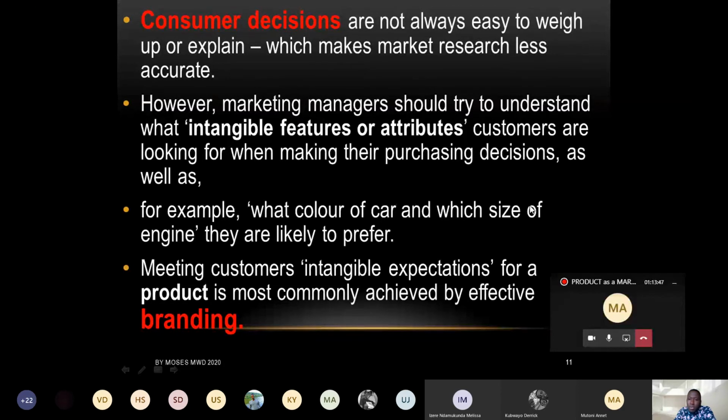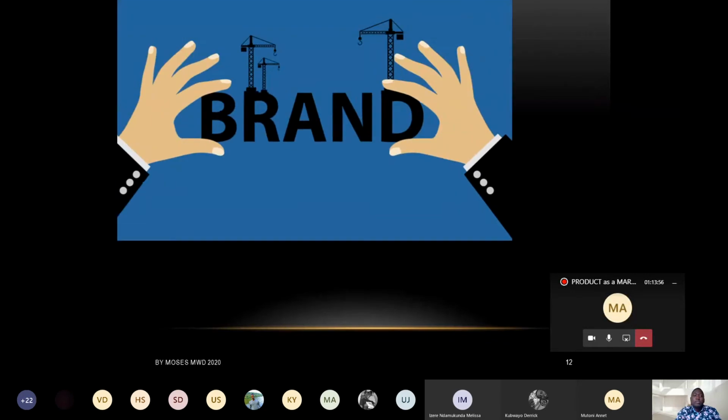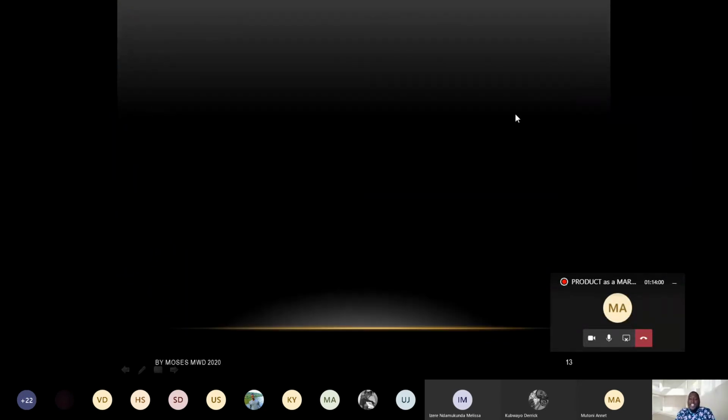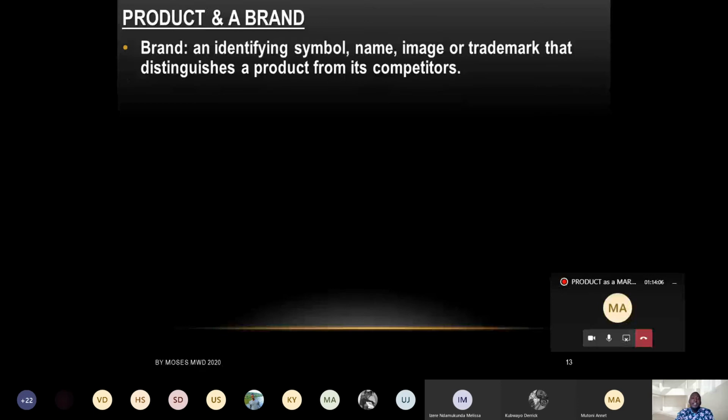So the person who talked about Nike and Adidas gave good examples. A brand is somehow like USP. You're going to see the similarity there. A brand is the symbol, the name, the image, the trademark that distinguishes the product from its competitors. It is somehow like USP.